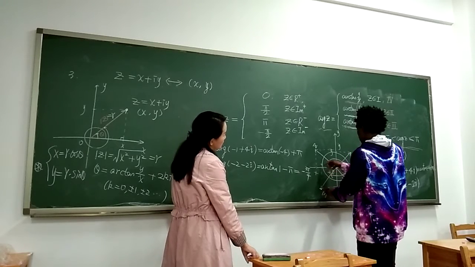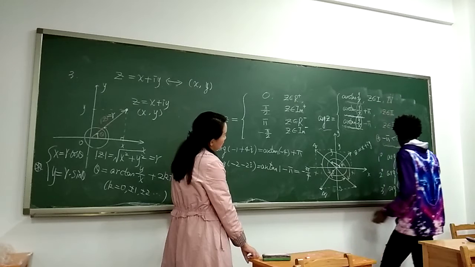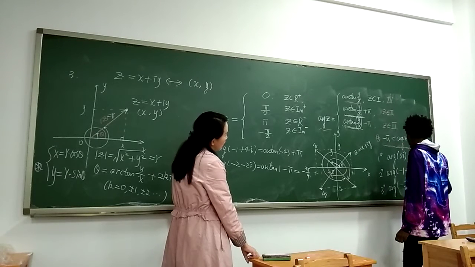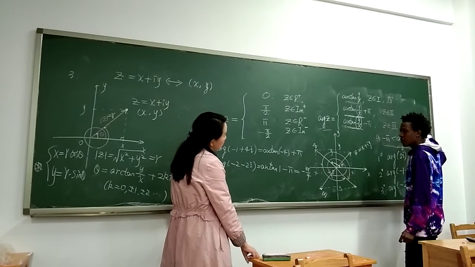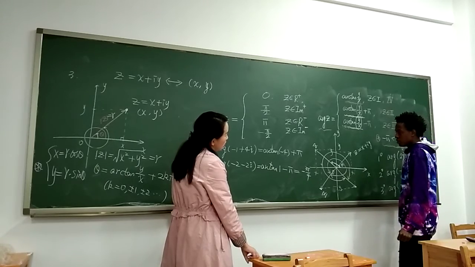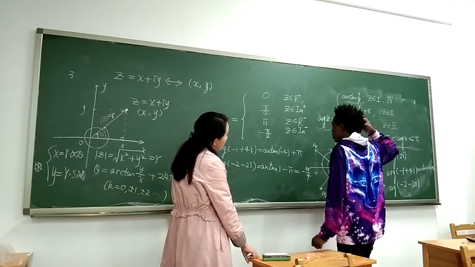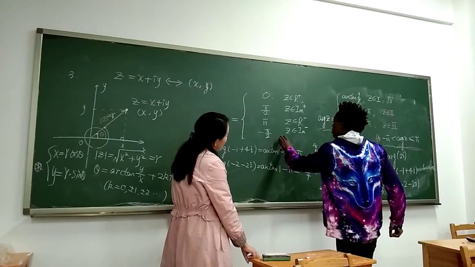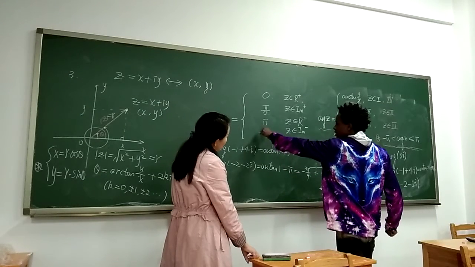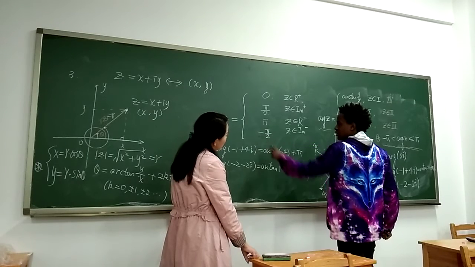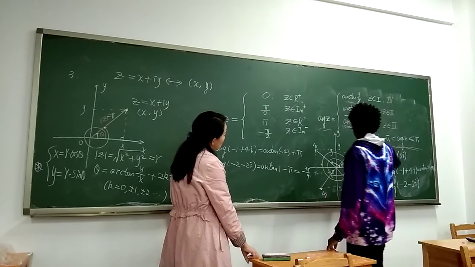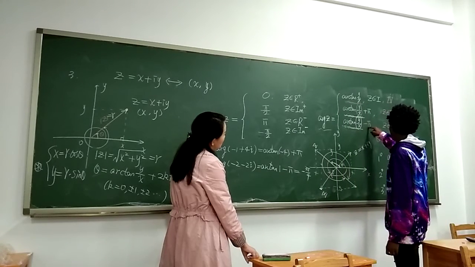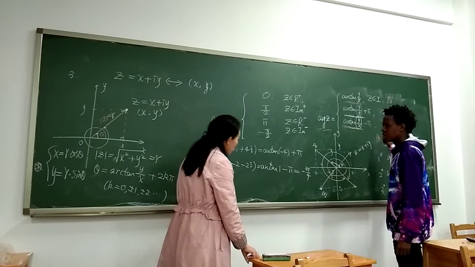If we take -2 over 2, then it becomes 1, and we know 1 corresponds to 45 degrees. Then if we take this 5/4, then negative this one. You can't. How come to bring this?